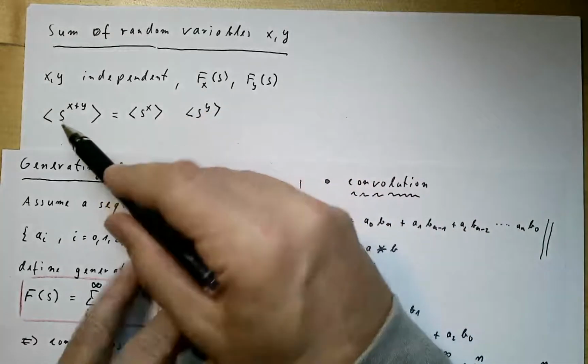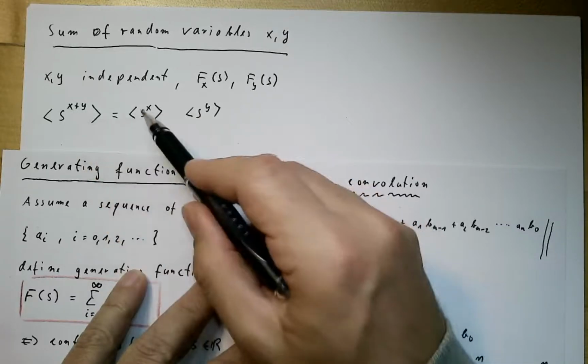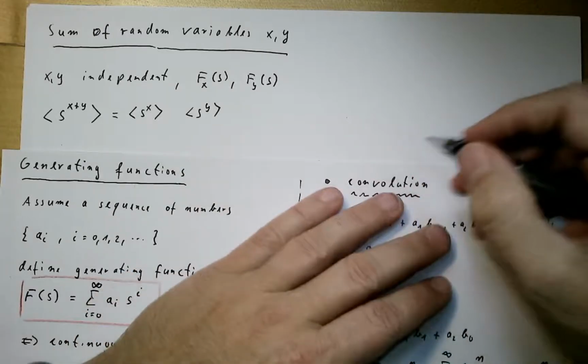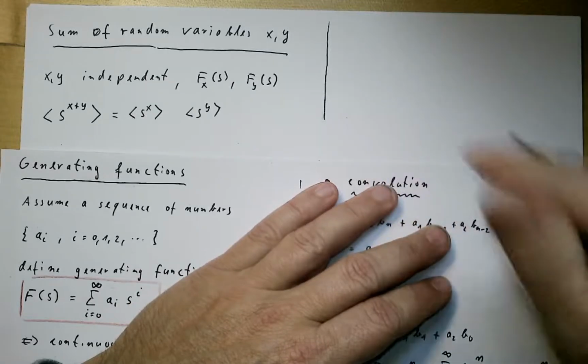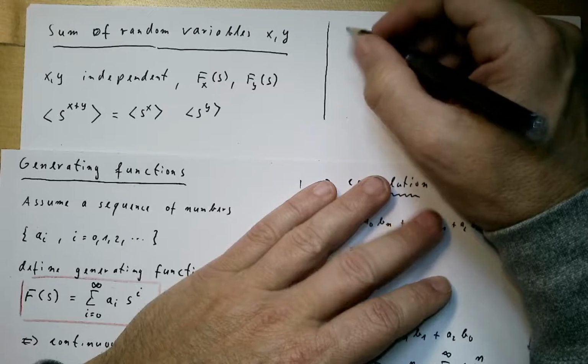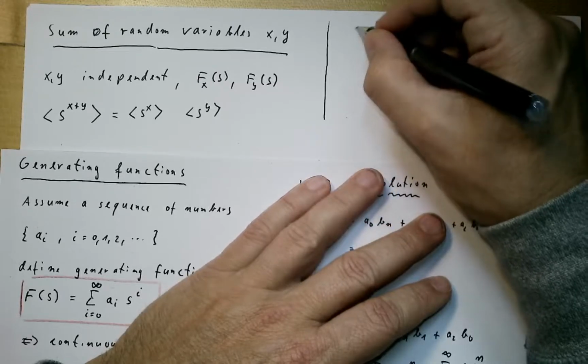So how can we relate this generating function of the sum to the generating functions of the independent variables? Now I write something down which we come back to later when we have multivariate distributions. Let's say X and Y are independent.